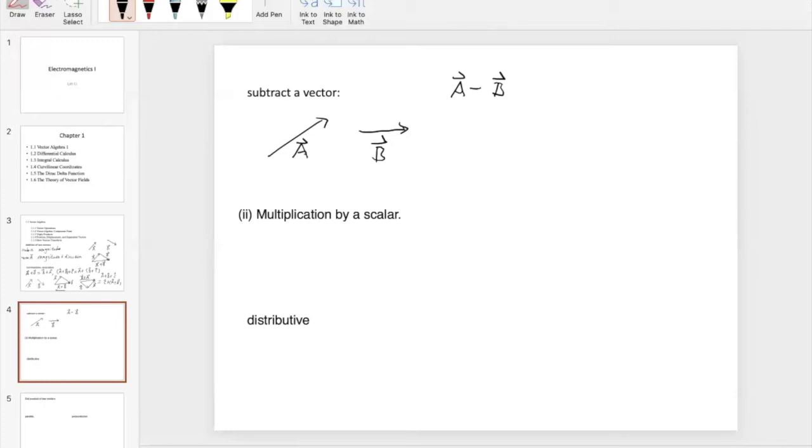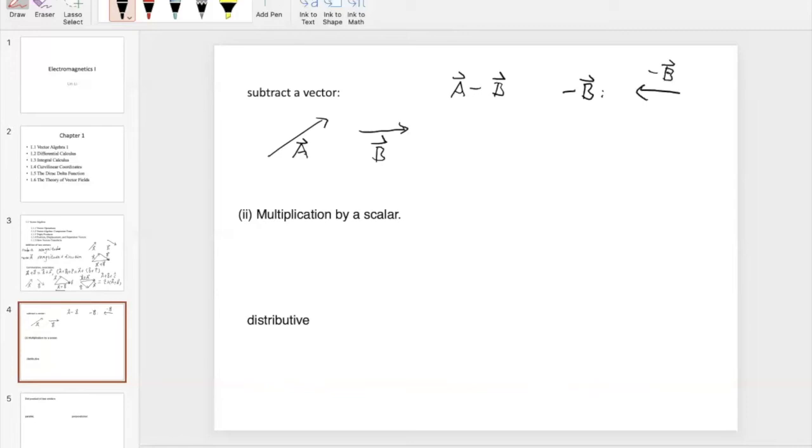The only thing is now you're not adding B, you're adding a negative B. So you need to know what is the negative value of a vector. Negative B means you keep the magnitude of B, but change the direction of B to the opposite direction.